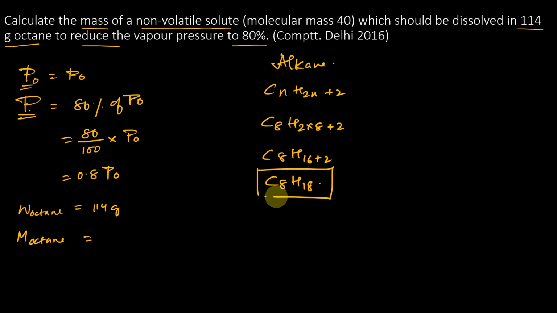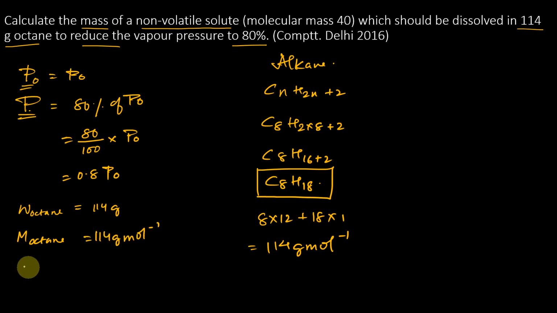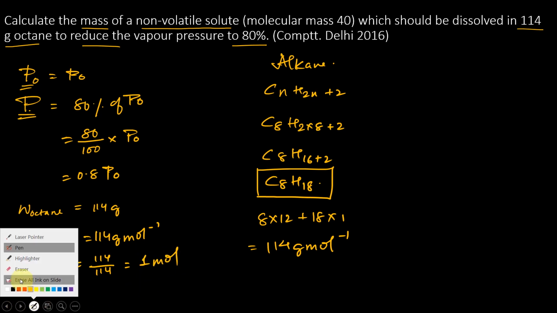Clear? This is our formula of octane. And 8 into 12 plus 18 into 1, this gives you 114 gram per mole. So the molar mass of octane is also 114 gram per mole. So we can easily guess that the number of moles of octane will be 114 divided by 114, that is equal to 1 mole. Is it okay?